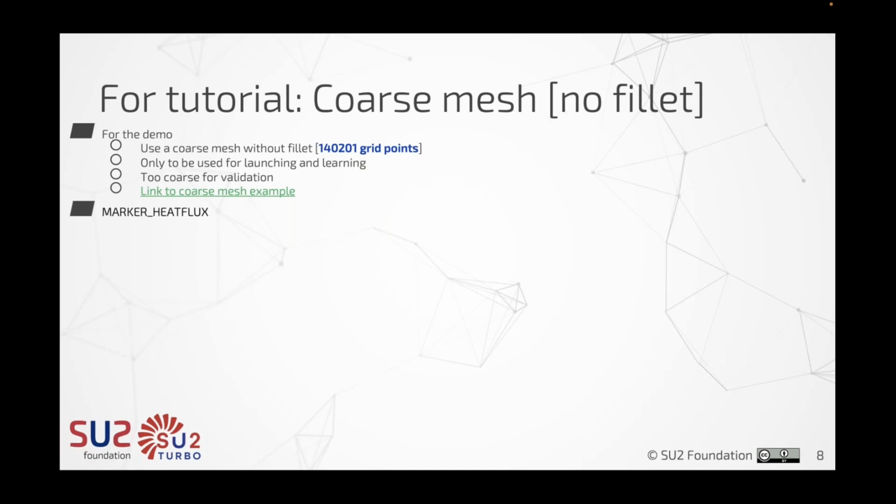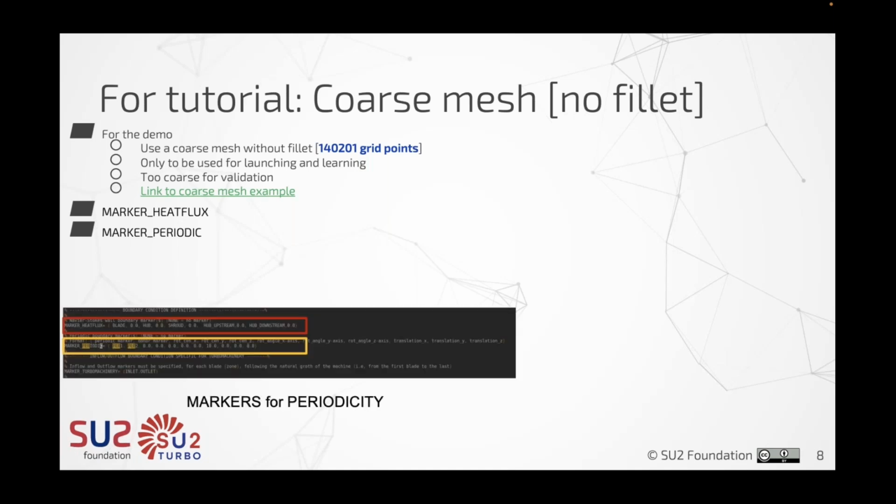So just a refresher on what Alessandro touched upon with assigning the boundary conditions. We have MARKER_HEATFLUX and we have MARKER_PERIODIC. Because in turbomachinery, normally you don't want to do the full annulus. So if it's a RANS computation, we're assigning the periodic boundaries. I don't think you guys can see it.